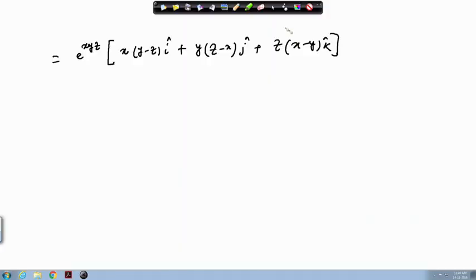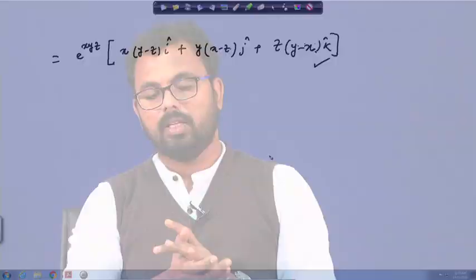All right. So, let us correct it: x minus z and y minus x. So, this is the required curl of f for this given vector function f.